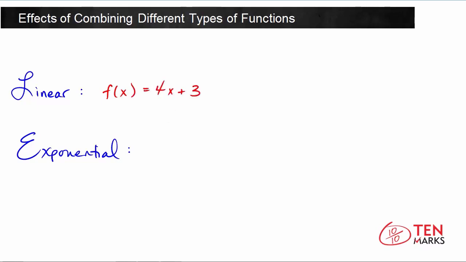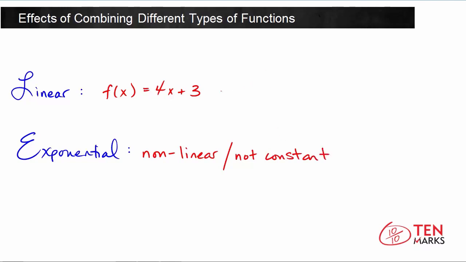Now you have this other kind of function, which is called exponential, and exponential functions are nonlinear. The defining characteristic of a nonlinear function is that they do not have a constant rate of change. So that means I'm going to write down here nonlinear, and what that means is not constant.